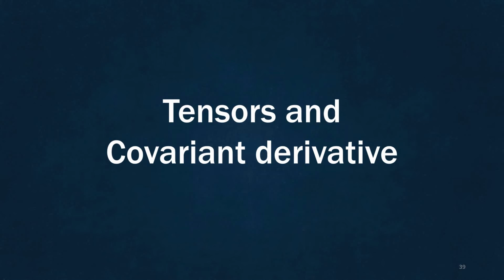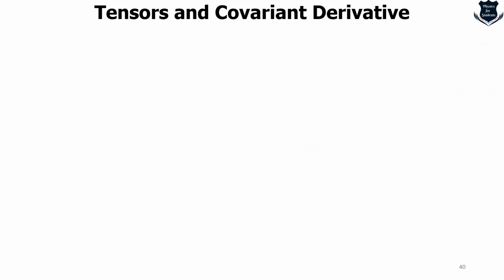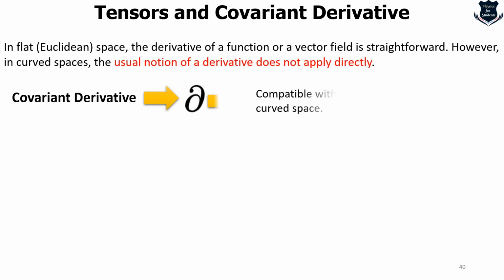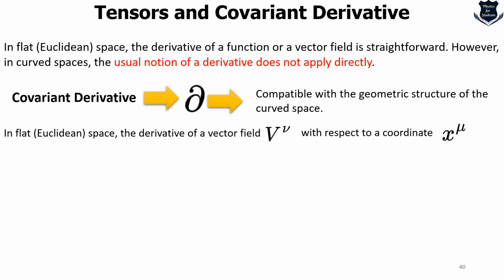We come to the next part, which I will take a little bit of time to explain quickly, because this is important: tensors and the covariant derivative. Don't worry, I will make a video later on the covariant derivative. It's a little bit technical. So in a Euclidean space, the derivative of a function is straightforward. The covariant derivative is basically an extension of the partial derivative, so it becomes compatible with the geometric structure of space-time.